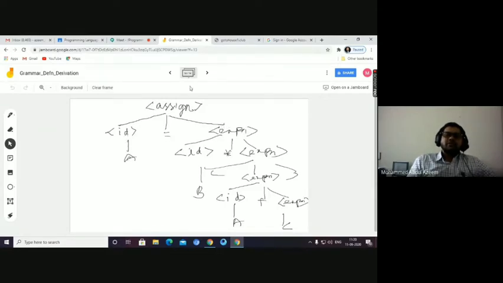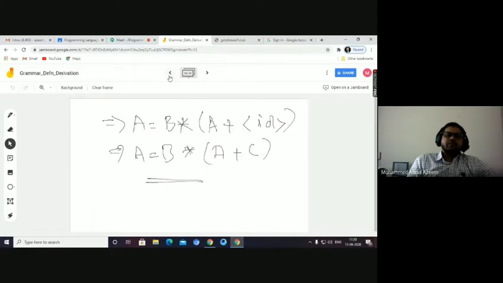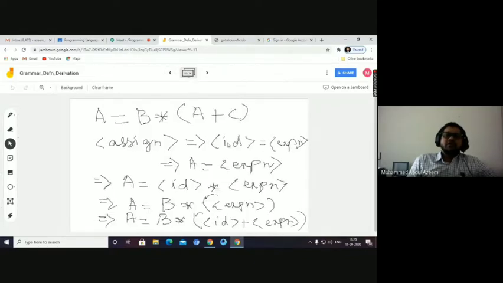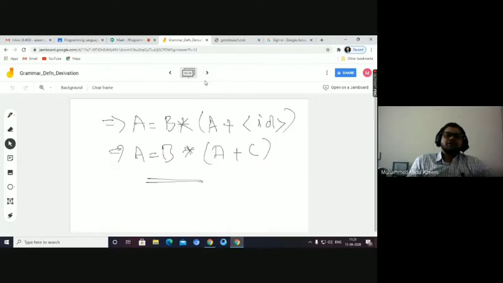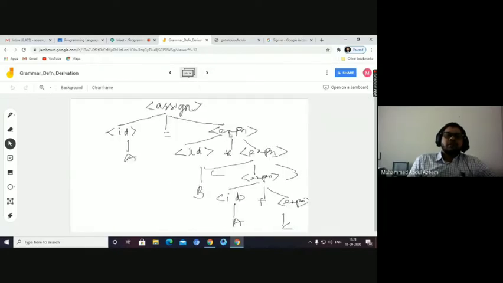And you can say it is derived to be A here. Then this expression, I'm just going with the derivation directly. ID derives to be A here. Then expression is expanded with ID into expression. The same I'm writing here. Expression derives to be ID into expression.